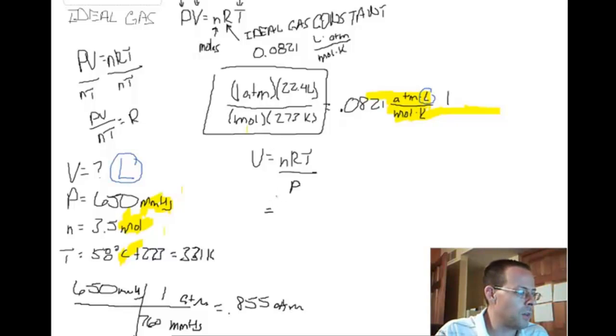Alright, so we are back up to our equation. So this is going to equal, our moles are 3.5 moles. Alright, our R is always the same, and it's 0.0821. My temperature in Kelvin is 331. And then lastly, my pressure in atmospheres is 0.855.